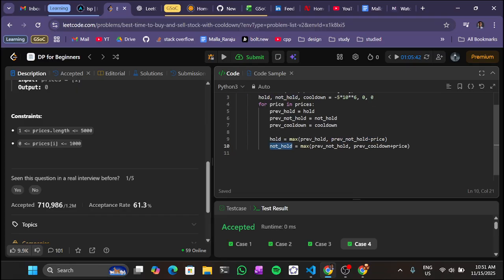And if you choose not to hold now, there are two choices. One is you are not holding previously and still don't want to hold anything, or you just sold previously and are waiting for the cooldown period to complete.